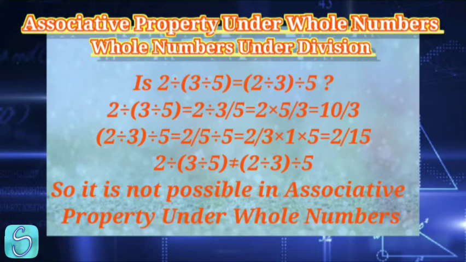So (2 ÷ 3) ÷ 5 is unequal to 2 ÷ (3 ÷ 5). So the associative property does not hold under whole numbers for division.